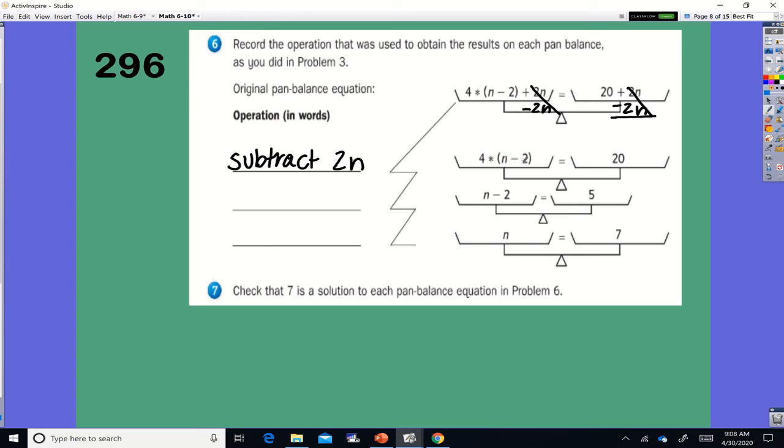Now I look at the next one. I notice that the 4 is gone. I'm thinking, what did they do to get rid of that 4? This became 5, and if this is multiplication here, it looks like they divided both sides by 4, because 20 divided by 4 gives us 5, and then those two would cancel out. So they divided.